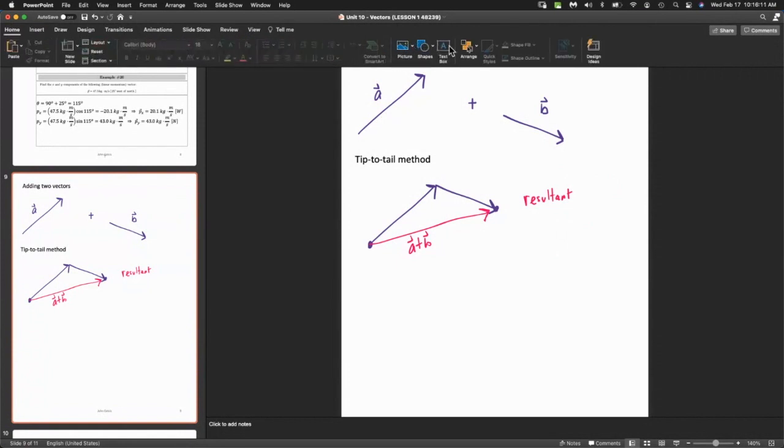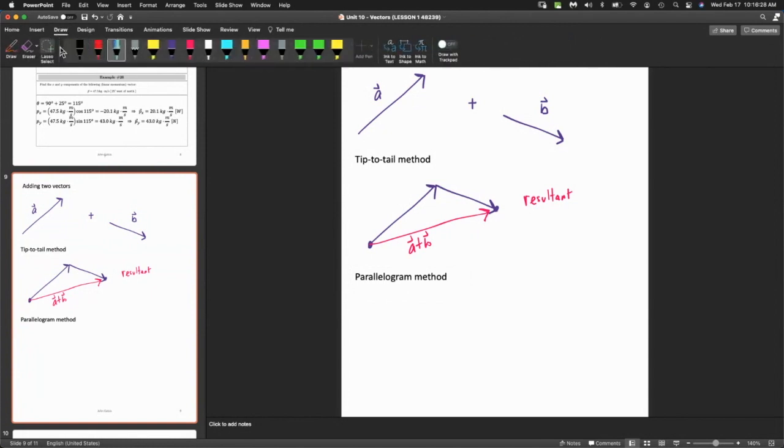There's a second method, which is called the parallelogram method. As you might understand, it would involve a parallelogram. So I'm going to draw a parallelogram using the two vectors. You take the two vectors. There's your first vector. You would do this to scale if possible. But you draw them like that, tail to tail.